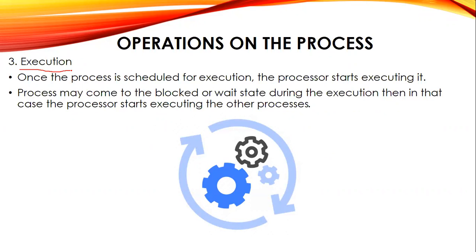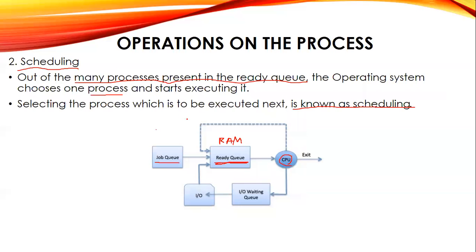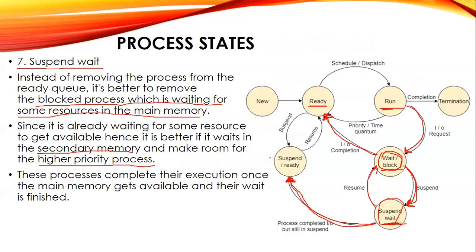Execution. Once the process is scheduled for execution, the processor starts executing it. A process may come to the blocked or wait state during the execution. Then in that case, the processor starts executing another process. So while it is executing, as I told you, a process may need some input-output operation.